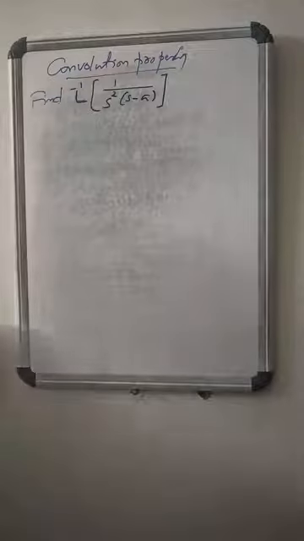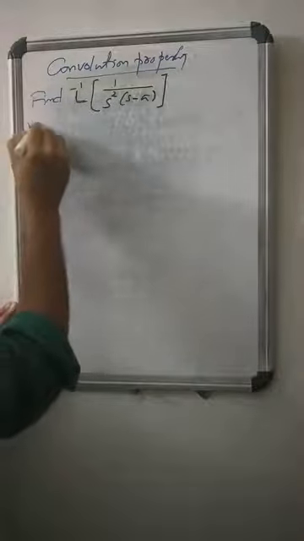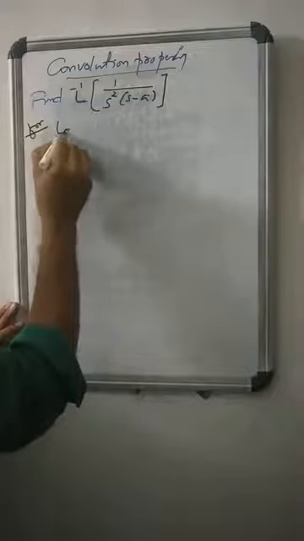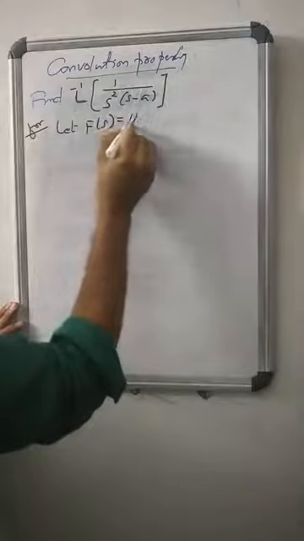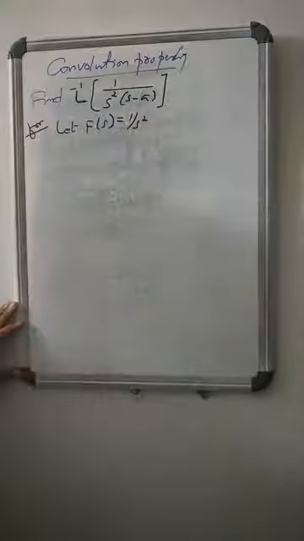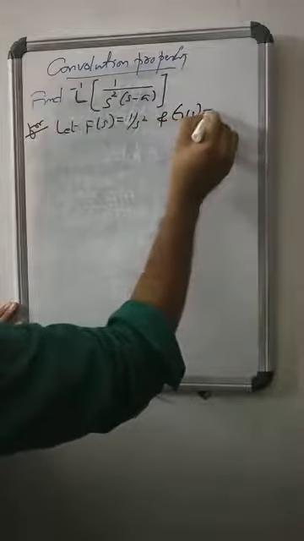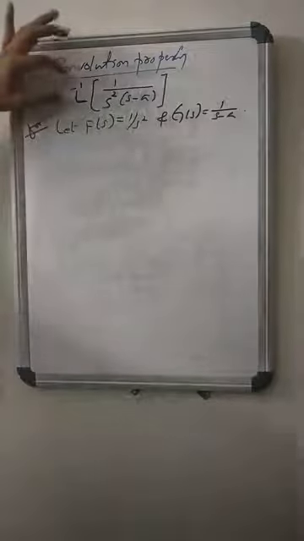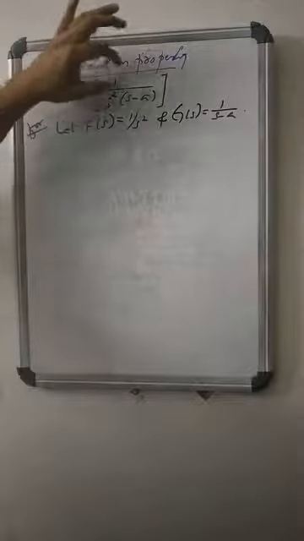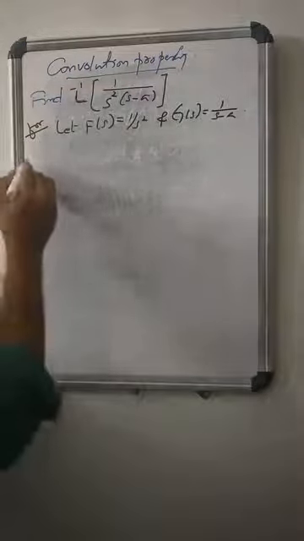So listen, here again let f of s equal 1 by s square and g of s equal 1 by (s minus a). So the given is of the form L inverse of f of s into g of s, so we can use the convolution property.